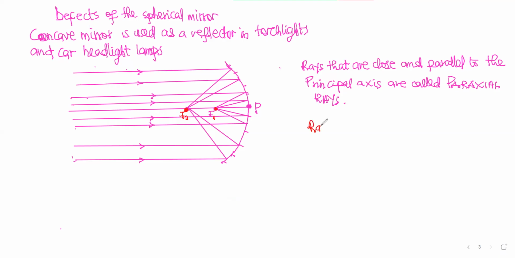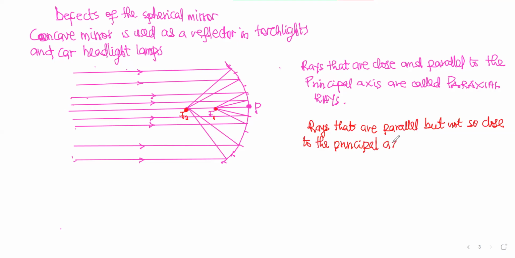Rays that are parallel but not so close to the principal axis are known as marginal rays.